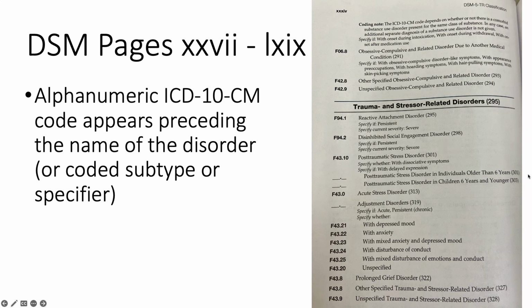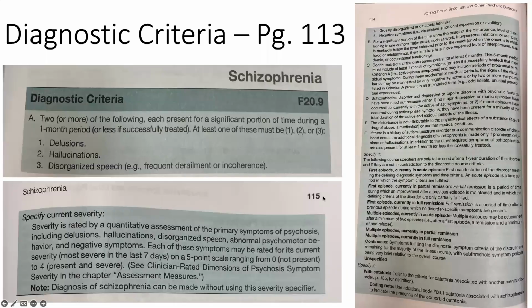So if you wanted to learn more about trauma and stress-related disorders, you would just go to page 295. ICD-10-CM codes, this number here, F43.10, is what you would share with insurance companies to get reimbursed for services.